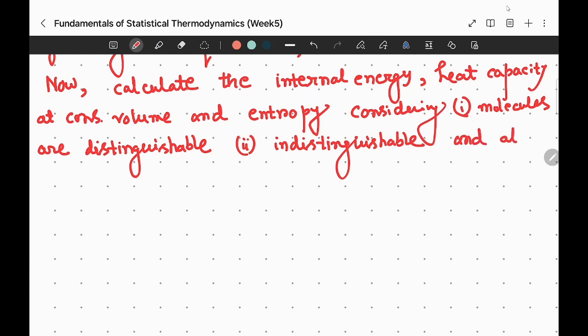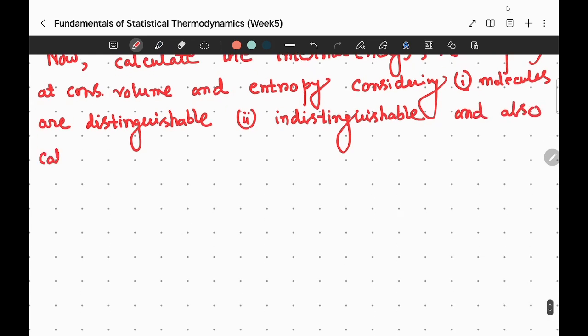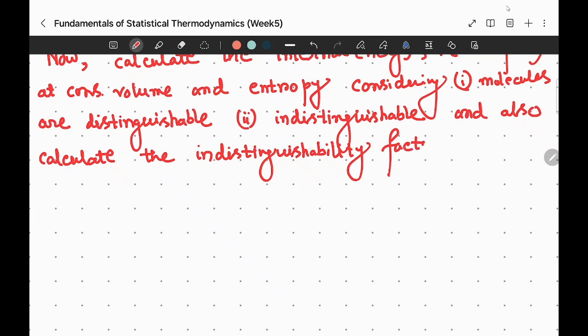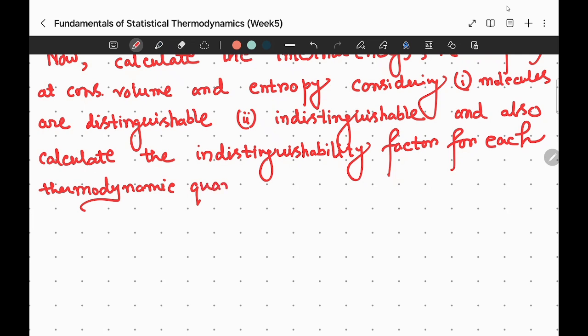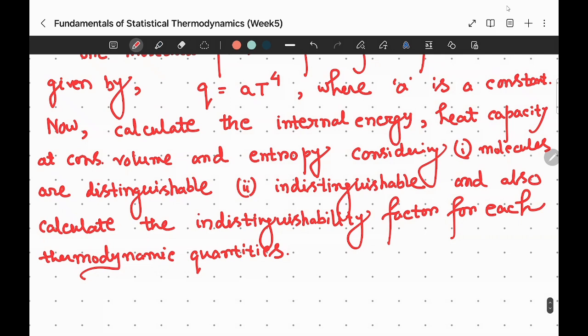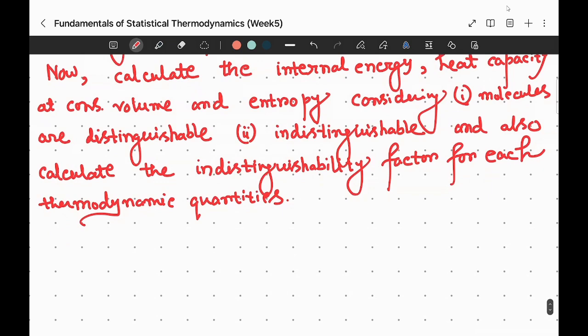And also calculate the indistinguishability factor for each thermodynamic quantity. Is the question clear? Yes. Okay.